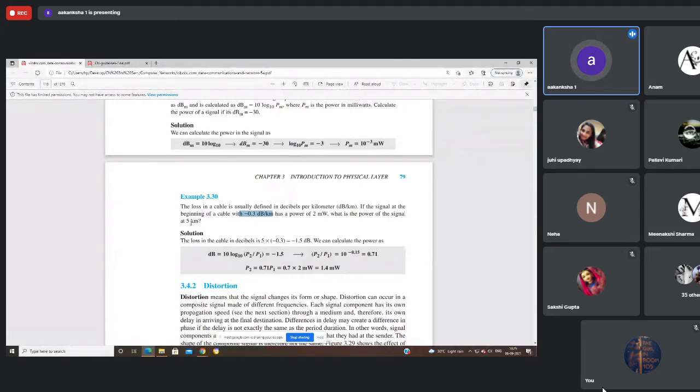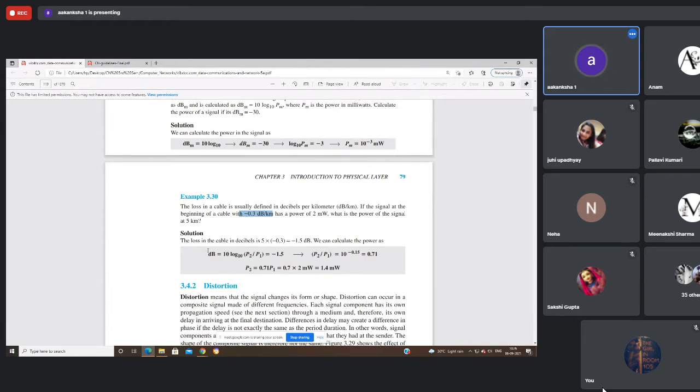For 5 kilometers, we have to first calculate the loss. So the loss is 5 into minus 0.3, that is minus 1.5 decibels. So now compute the power after 5 kilometers. We use 10 log 10 of P2 upon P1, and this is a loss, not a gain in power, because we have the minus sign.